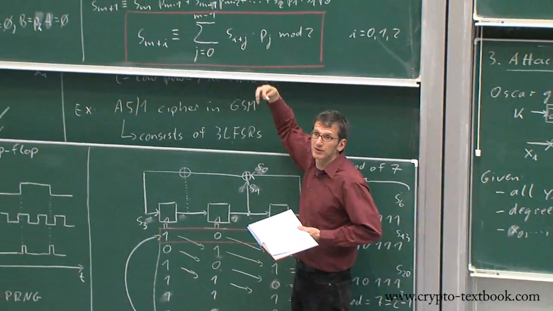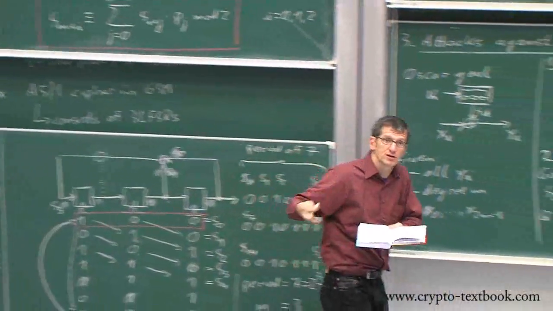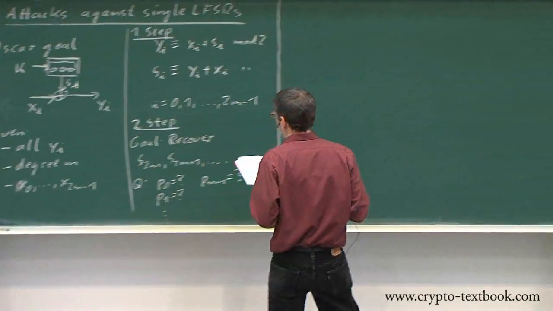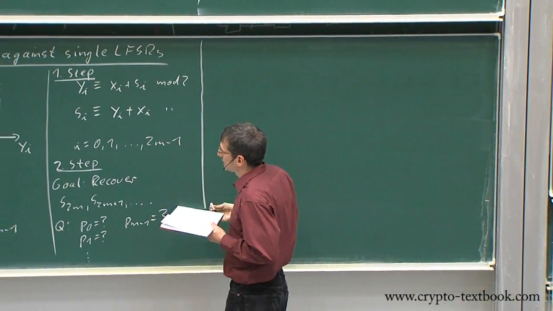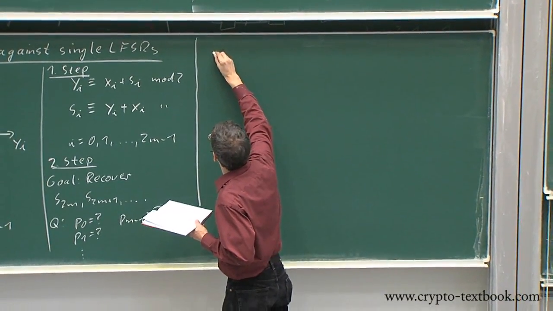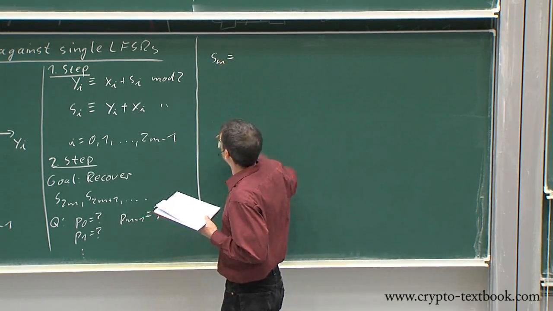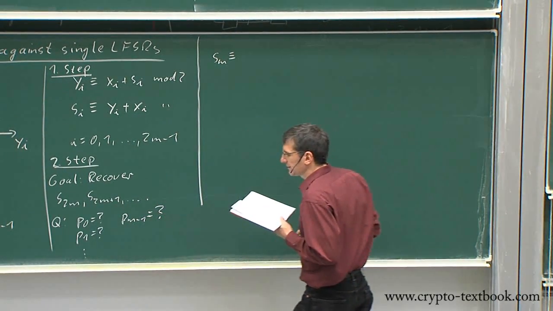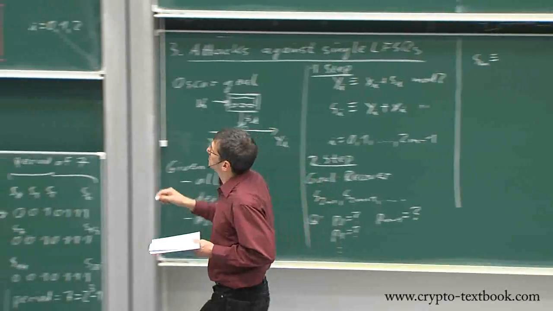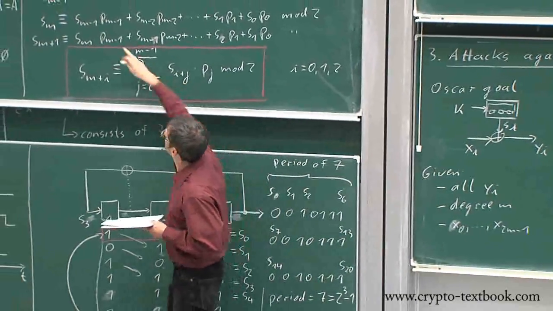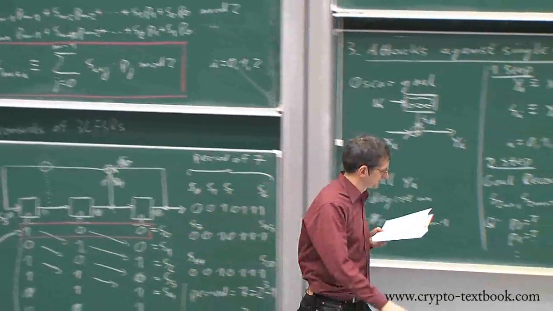These are unknowns, right? We want to end up with some kind of formula or an algorithm for solving that. So first we write down an equation for sm. How was sm computed? And we do exactly what we did here, we take exactly the same equation here.